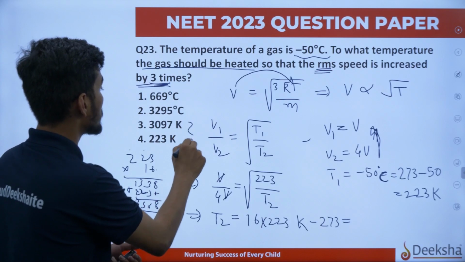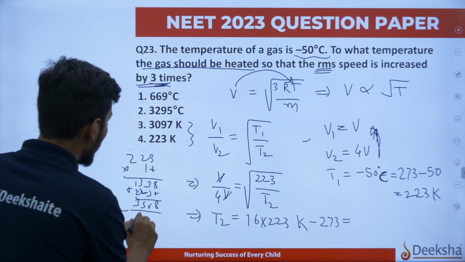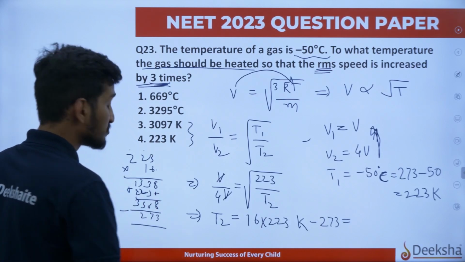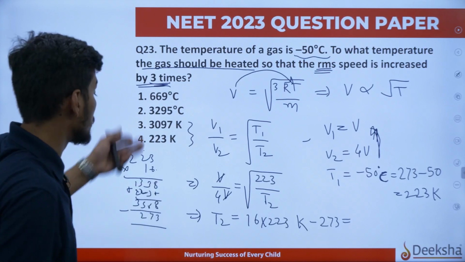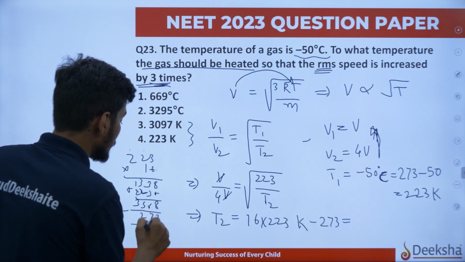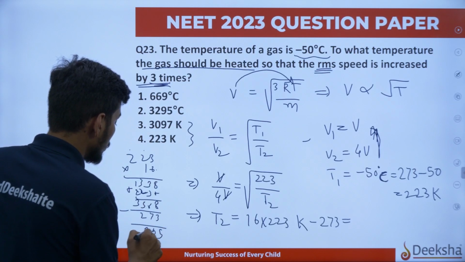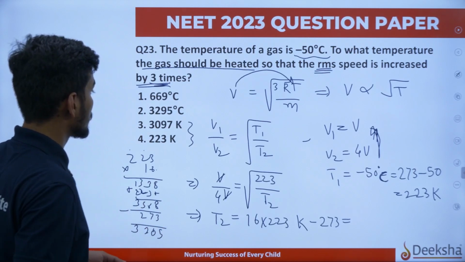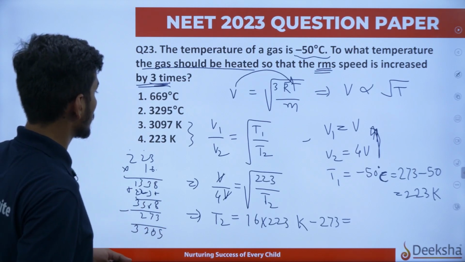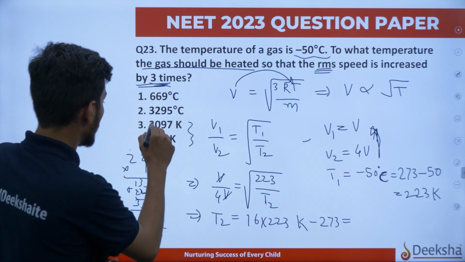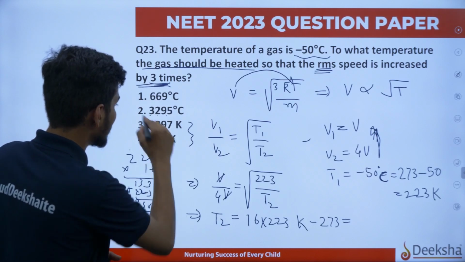That does not match. What if I subtracted 273 from it, if the answer is in degrees Celsius? Let's see. 3295. I think this is the answer.